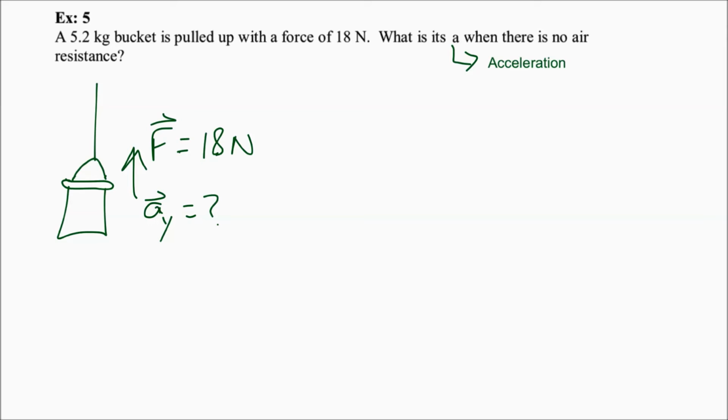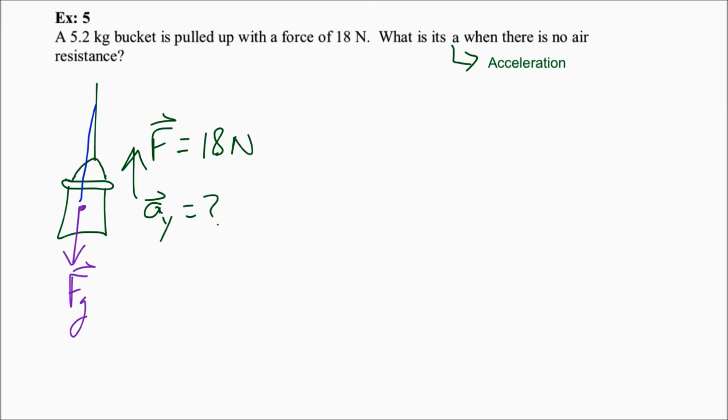So what do we do? We obviously need to draw our free body diagram, right? So we're going to say, okay, here we've got our bucket, which we're going to represent as a single point, the center of mass, and the force of gravity is going to act downward from that center of mass, and we've got a rope up here that we're pulling up on, so that's going to be a tension force.